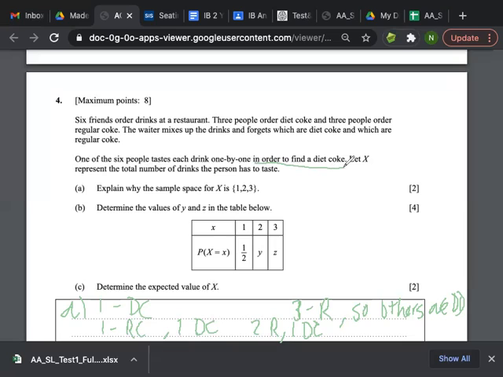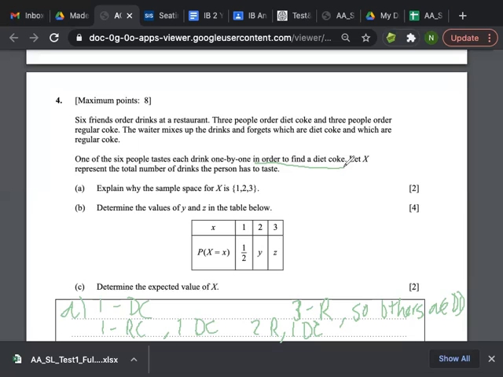We know that there's 3 of each, so we have to find one where there's at least one. Can I write it? Okay, those are our only combinations.